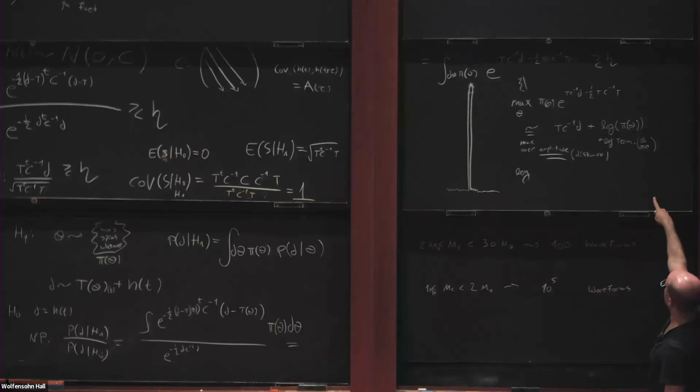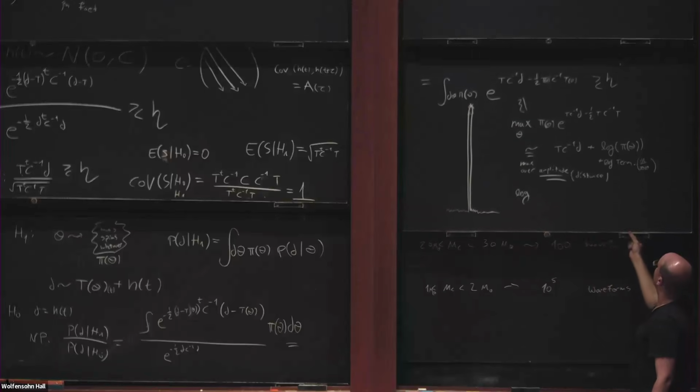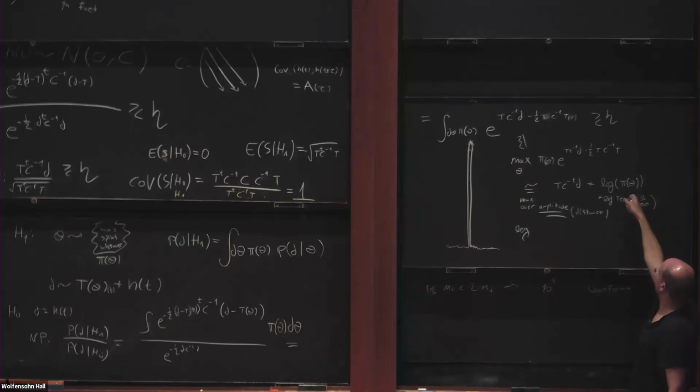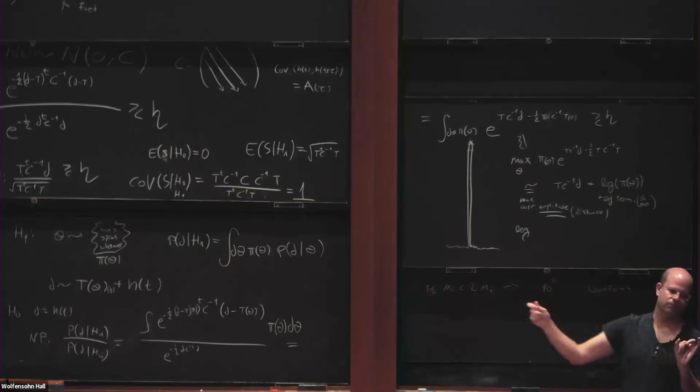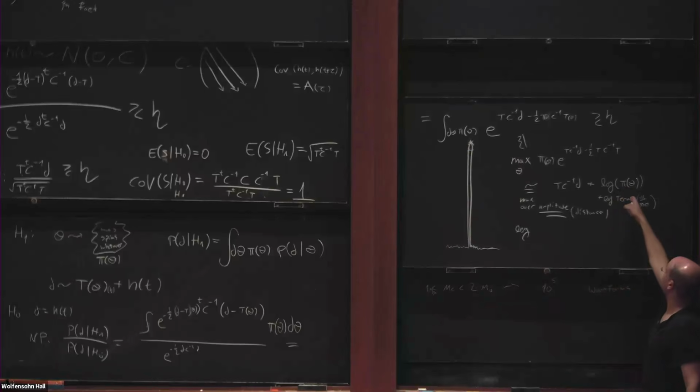And the log term that depends on the theta, if you look what it is doing, is some priorism, which, okay, the probability density per log chirp mass is kind of the same. Okay, so this is a weak term.